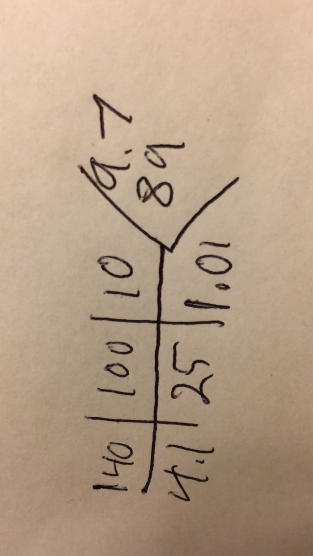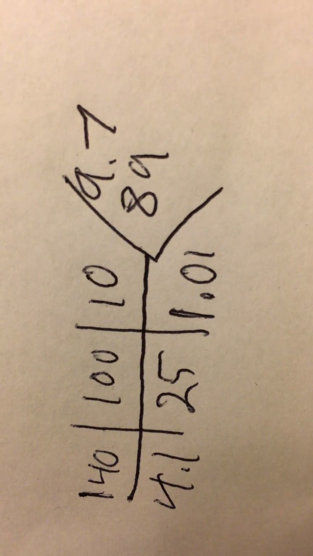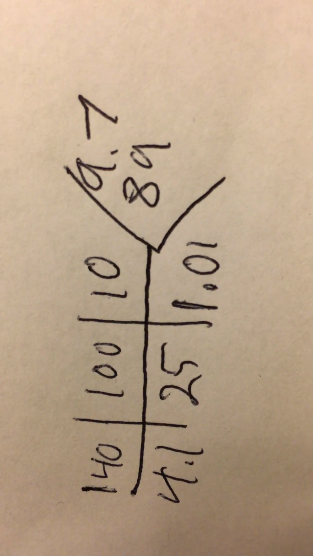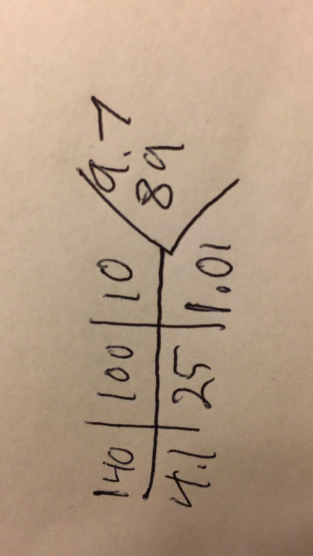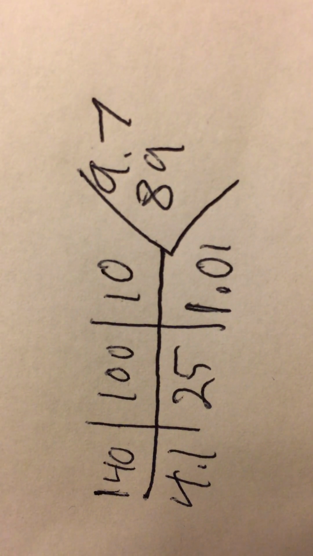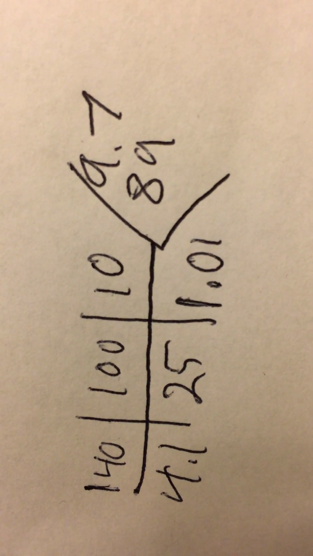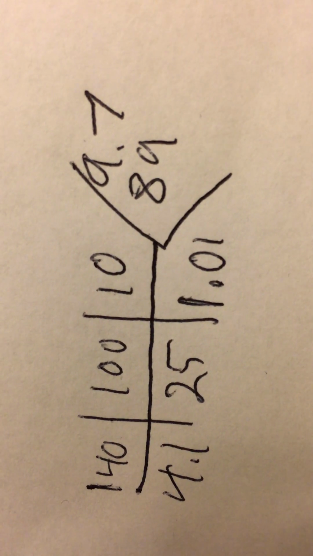With BUN, it's a byproduct from breakdown of blood, muscle, protein, anything along those lines. And if it's elevated, we are having some problem with the ability of the kidneys to excrete that waste.